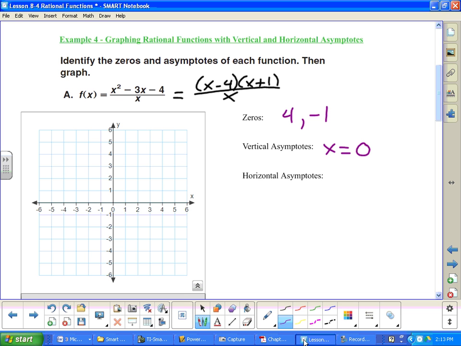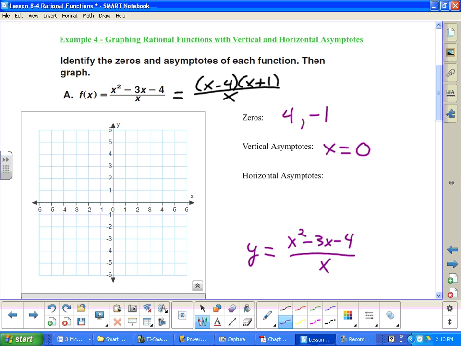Horizontal asymptotes. Now, horizontal asymptotes depend on the degree of the numerator and the denominator, but they also refer to what we call end behavior. Okay, we've talked about that, haven't we? Now, when we're talking about end behavior, we're talking about very, very large values of x, or very, very small values of x, like million, 2 million, 3 million, negative 1 million. If I look at this function, if I put really, really large values of x in, so let's say 1,000.